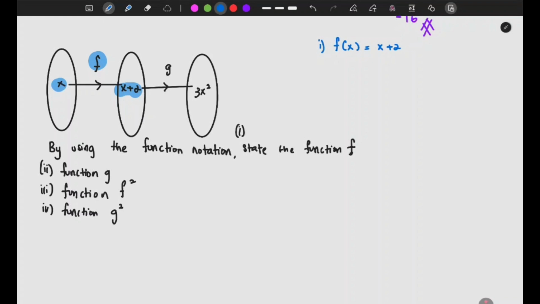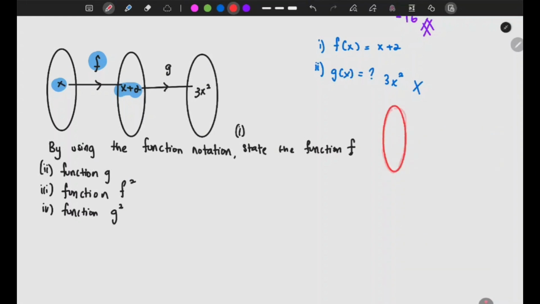Function g, which means you're going to find your g of x. What is your g of x? Are you sure the g of x is 3x squared? The answer is no. Remember, I told you, I draw here. Now focus on this one.